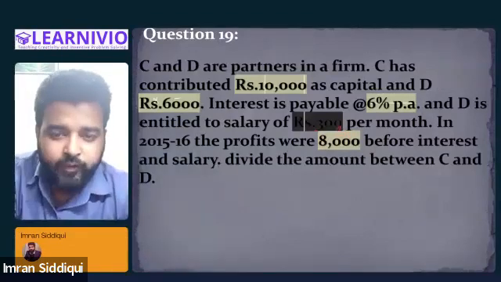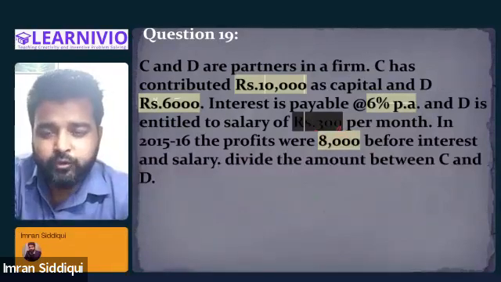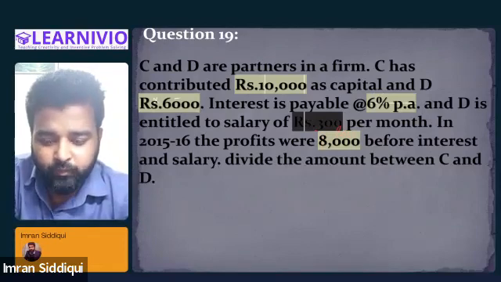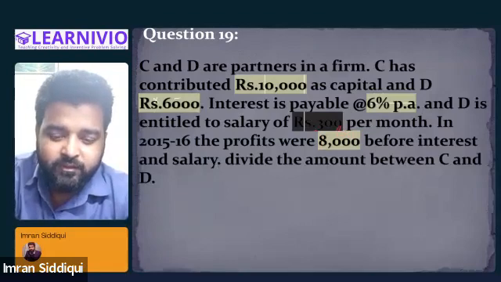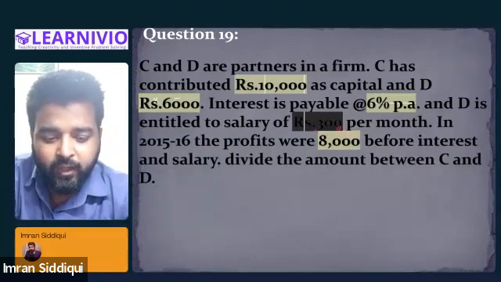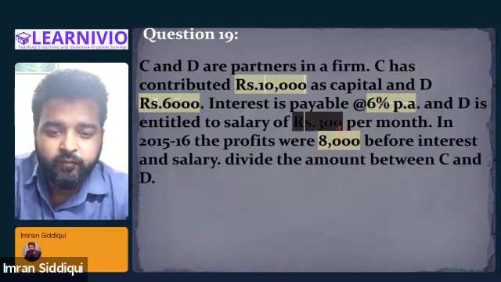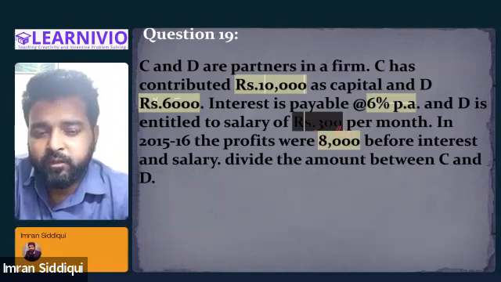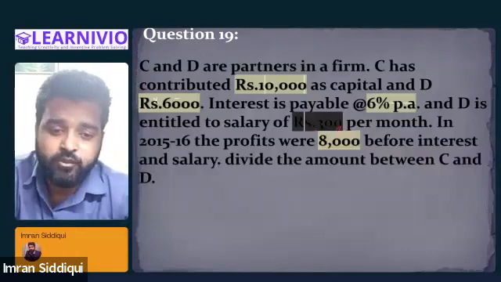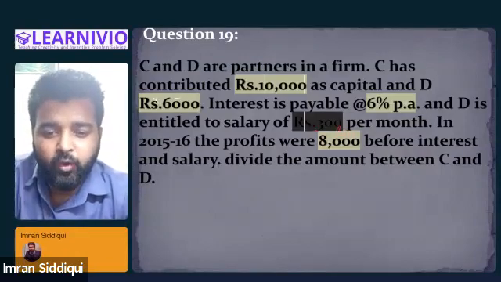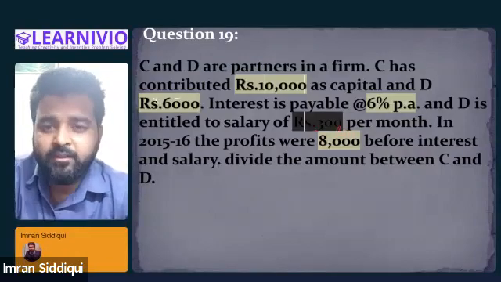Okay, so see, this question does not require us to prepare the profit and loss appropriation account. But since we just covered the profit and loss appropriation account, I would recommend that we do this question and show the distribution of profit among the partners by preparing the profit and loss appropriation account. However, it is not required in the question.